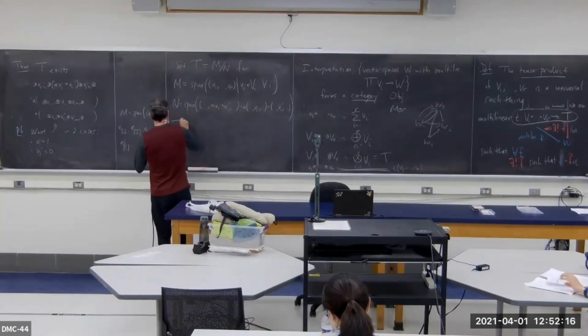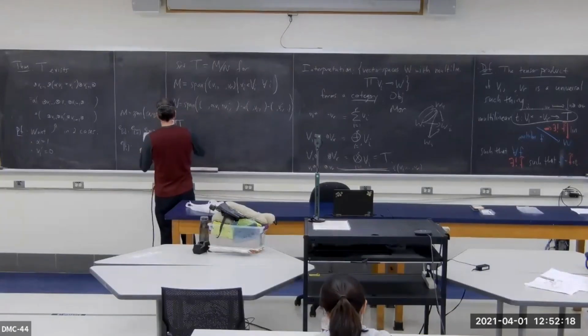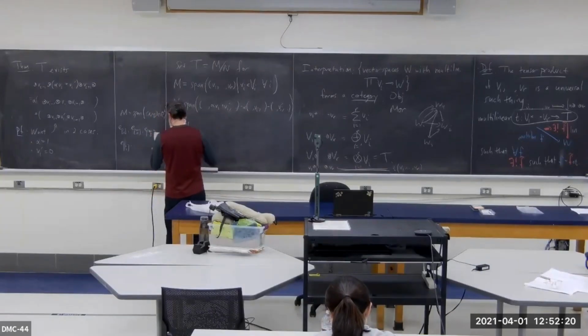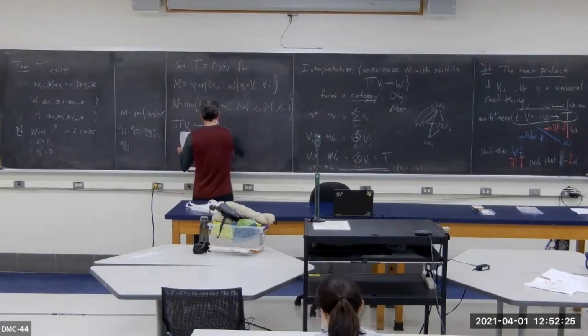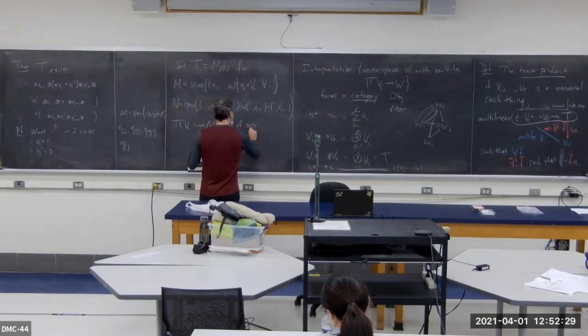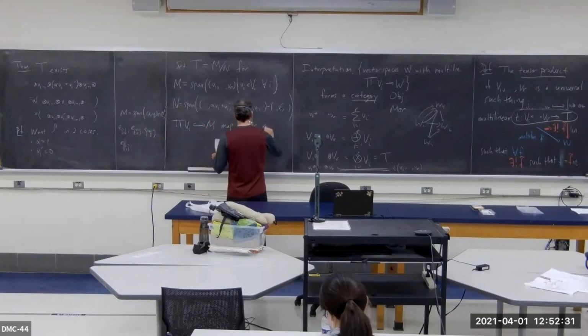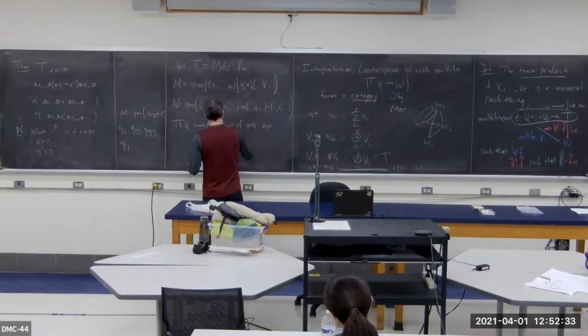Okay, so what do we have to check? I claim that the product of the V_i's injects into M. So this is a map of sets, and it's not linear or multilinear in any sense.